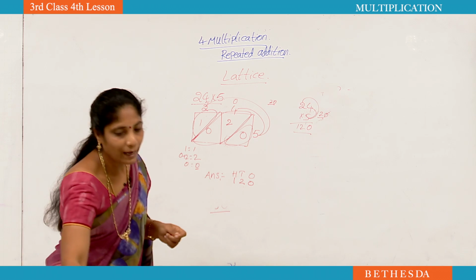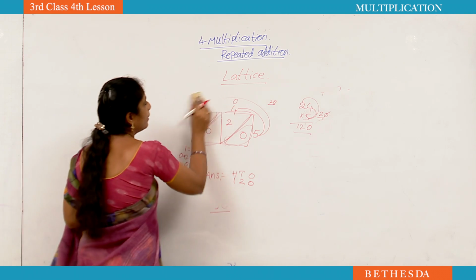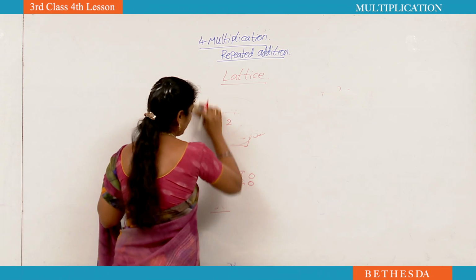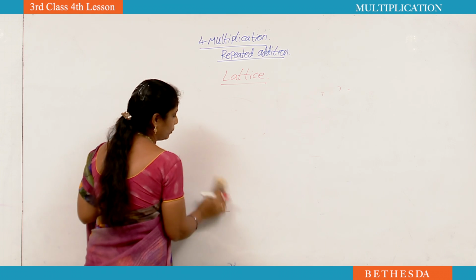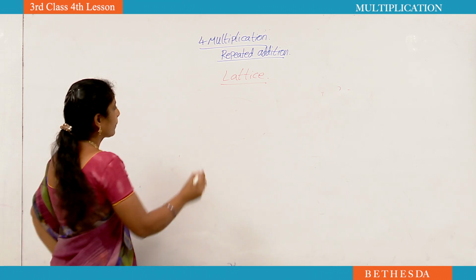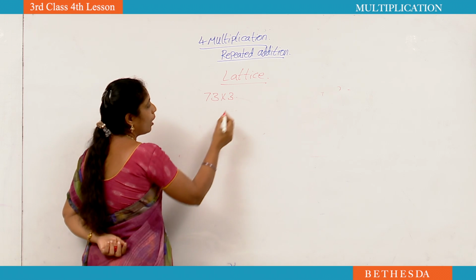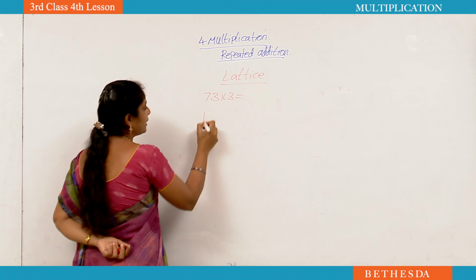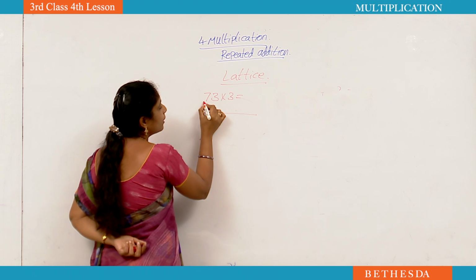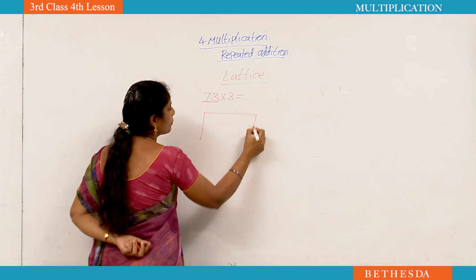If you want, I will teach one more sum. Listen carefully. 73 into 3. Now how to draw the lattice method table first. Here in the multiplicand how many digits are we having? 2.